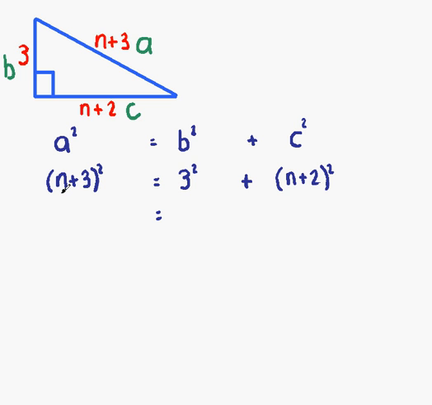So first of all, looking at this side, we have n plus 3 all squared. Something squared means that you're going to multiply it by itself. So n plus 3 all squared is simply n plus 3 times n plus 3.